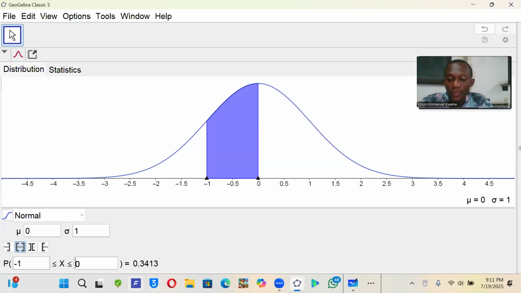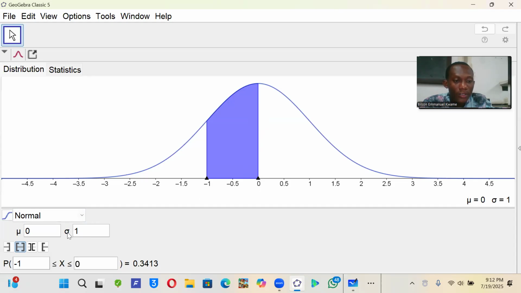Good. Now that we know that the distance from -1 to 0 is the same as from 0 to 1, what do we need to know? Whenever they give you a probability question, you know that your mu is at the center.